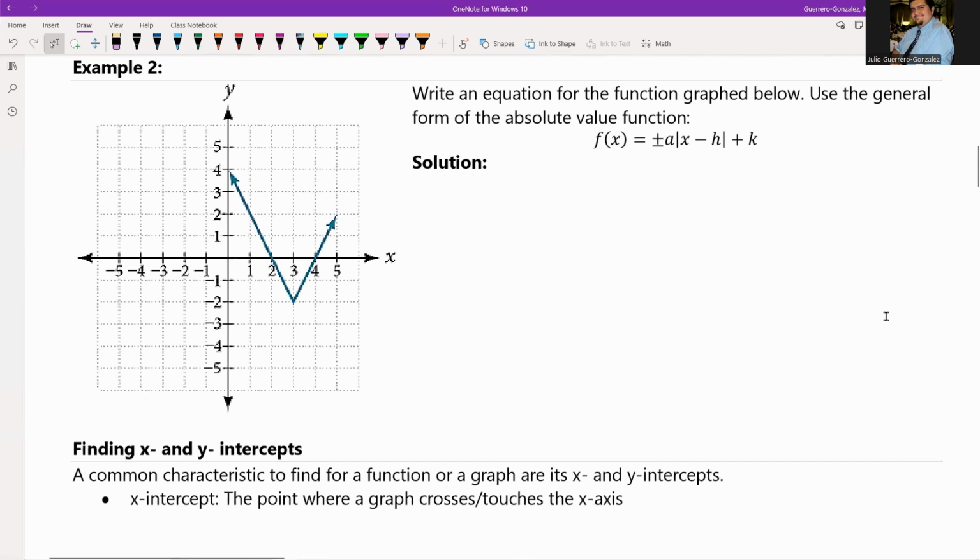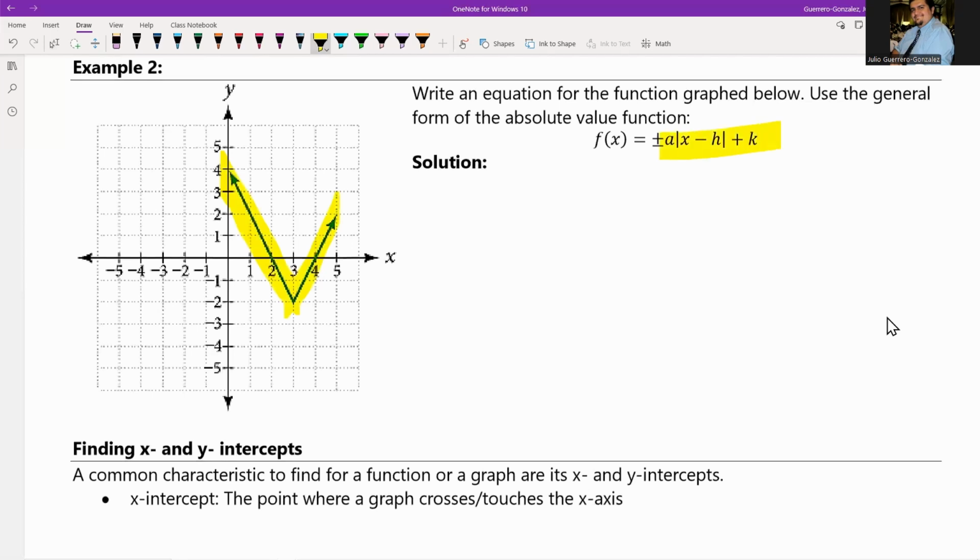So now here's where I'm going to show you how to solve, at least without anything special right now. We're going to do finding x and y intercepts down below, and this is going to require us to know how to solve stuff. So let's say I need the equation for this graph. Hopefully you have an idea of what's going to happen.